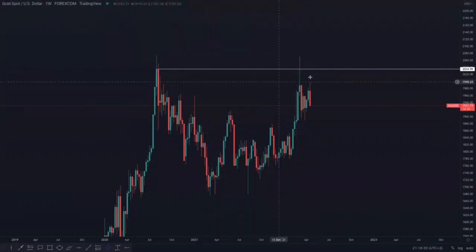Remember, our structure retest is usually an entry in our strategy. So what we are going to do is drop from time frame to time frame.